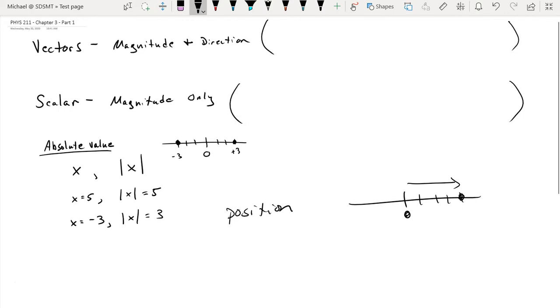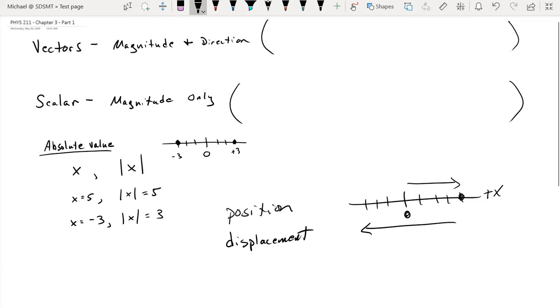Well, as you can see, to get from the 0 point out to that location, it required us to travel to the right, or in this case, if we were using the X notation for a horizontal axis, we would have to measure in the positive direction. And then if we change our position, if we move to some other location, that's what we called displacement.